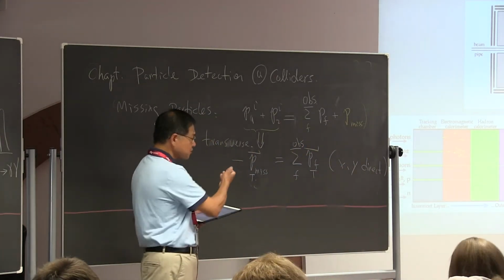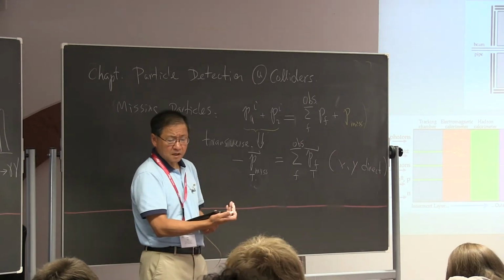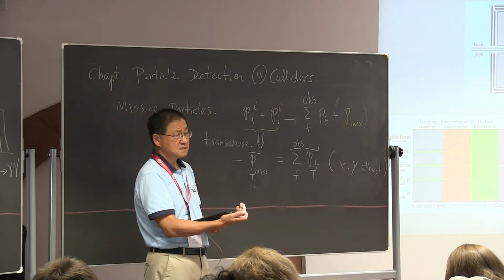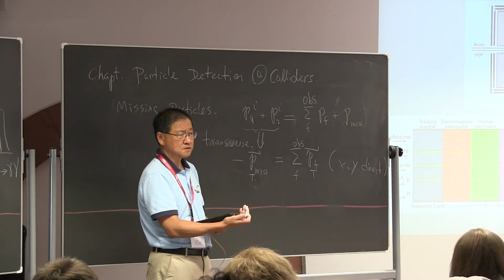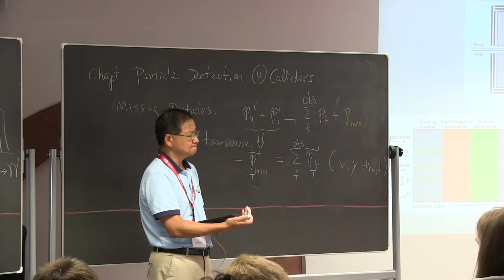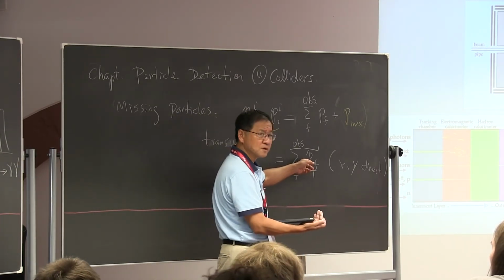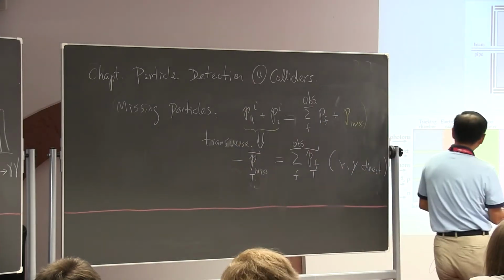This is rigorous. But our experimental colleagues, for historical reasons, call this missing energy. In fact, it's not the energy. It's really missing momentum. The reason they call it missing energy is that a large fraction of the observable momentum happens to be there.